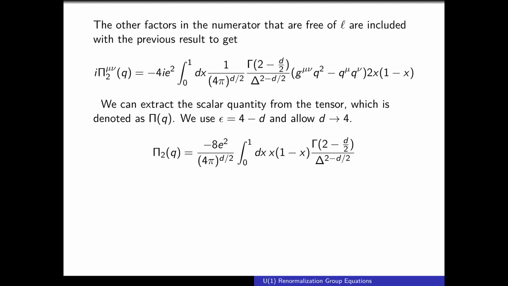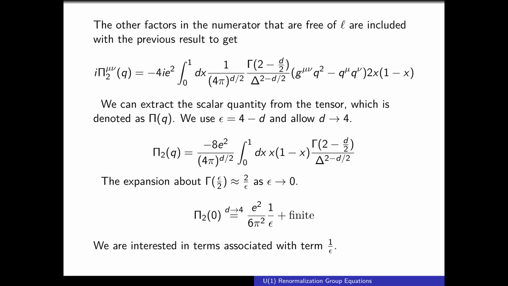The tensor quantity is just, again, that term, and what we have left over is everything else. We're going to make a shift to a small parameter epsilon, which approaches 0 as d approaches 4 dimensions, and all the terms come out to be this. So we let d approach 4, epsilon approach 0, and do the expansion about a small quantity.